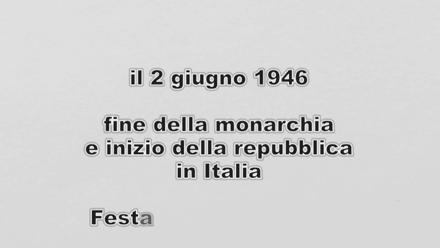È la festa della vittoria. Il 2 giugno 1946, fine della monarchia e inizio della Repubblica in Italia. Il 2 giugno è la festa della Repubblica.